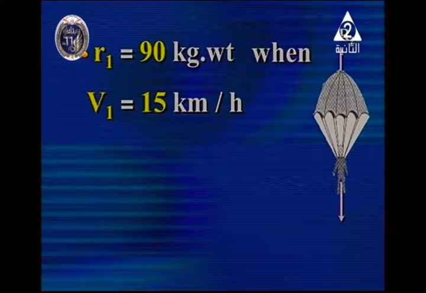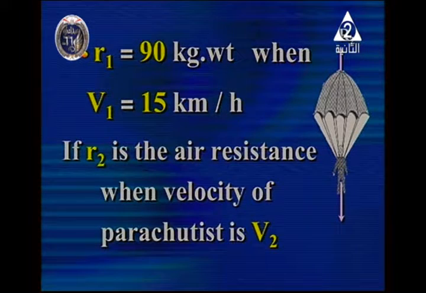Remember, there is a relation between resistance R and the square of the velocity. R1 equals 90 kilogram weight. V1 equals 15 kilometer per hour. If R2 is the air resistance when the velocity of the parachute equals V2, what is the relation?